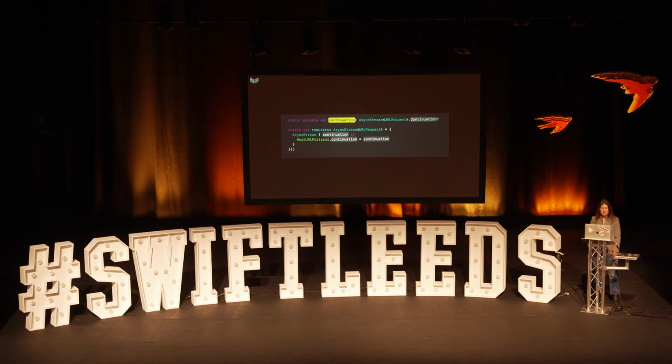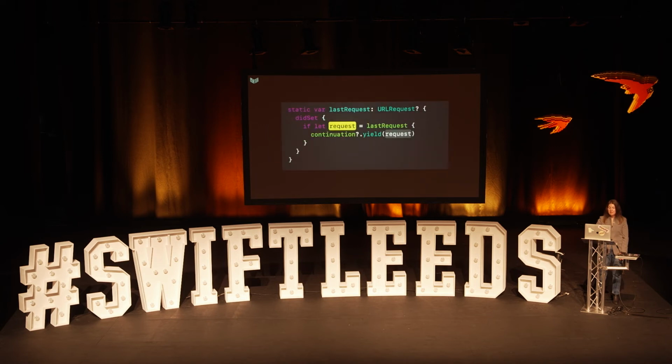Next, we add a static property, continuation, that will hold the continuation, and a static property requests, which returns the asynchronous stream that emits the requests. And inside that request getter, you create a new async stream and store its continuation. Then you add a final property to store each request as it is emitted.